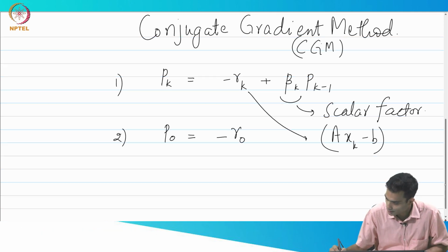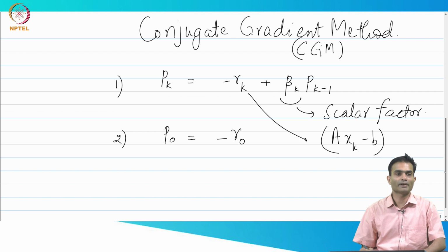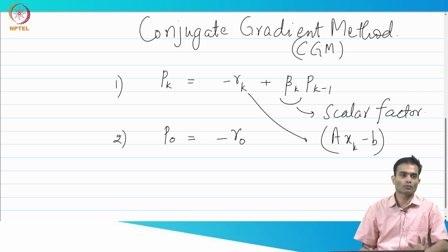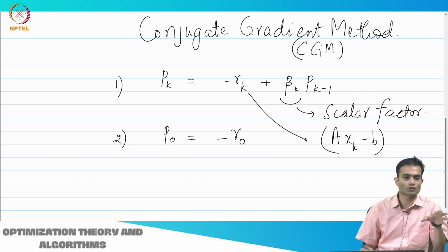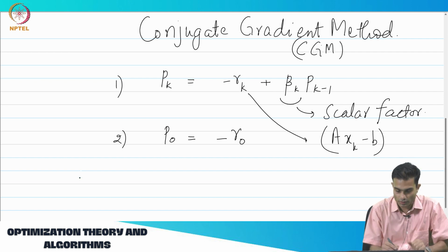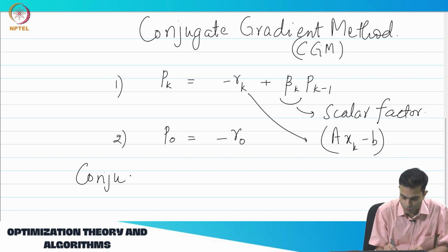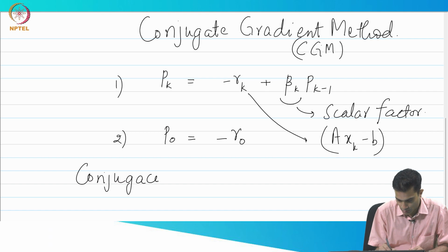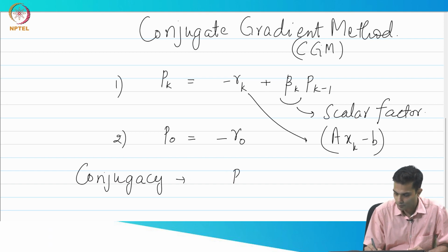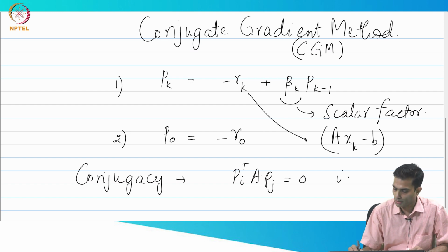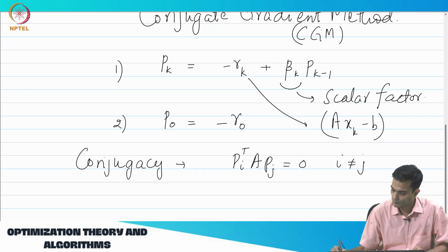So let's see, how do you choose beta_k? We want to sort of enforce this conjugate property, right? Conjugate, so let's recap over here. What did conjugacy tell me? p_i transpose A p_j is equal to 0, i not equal to j, right?